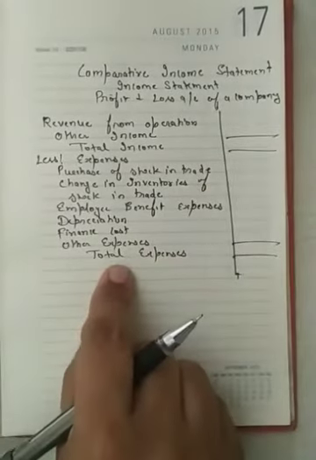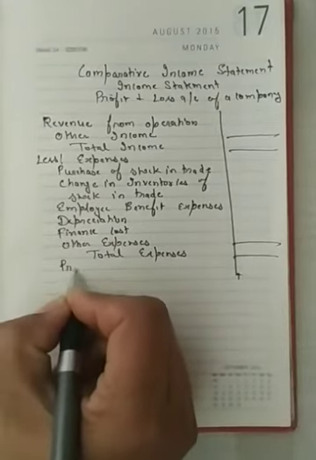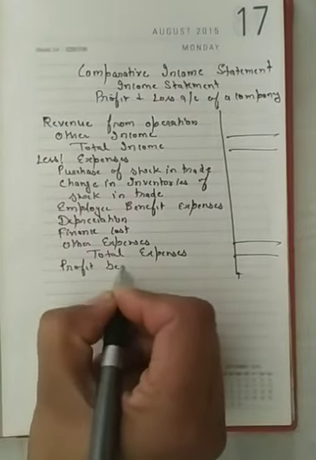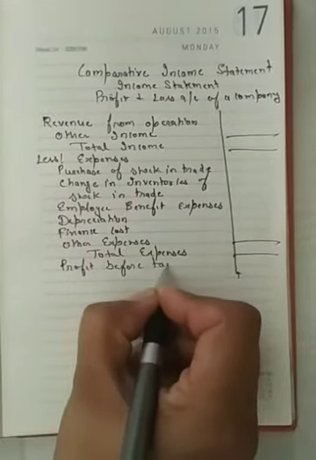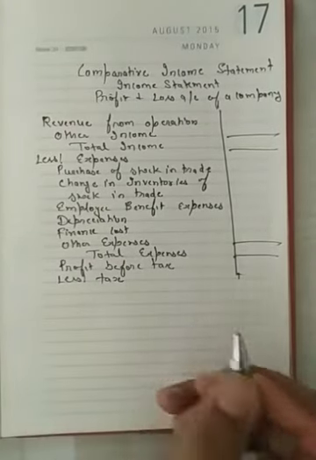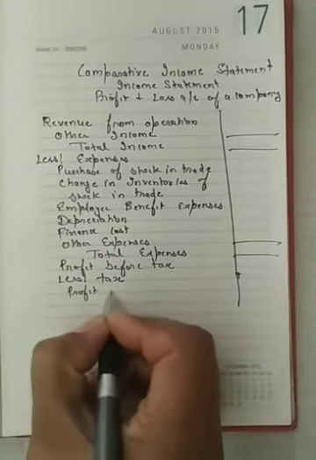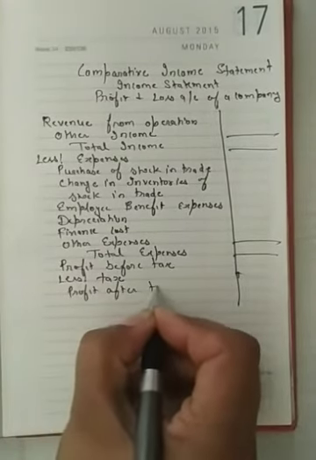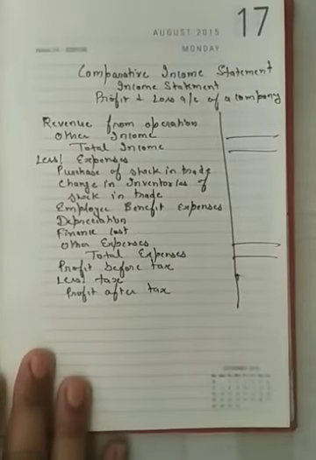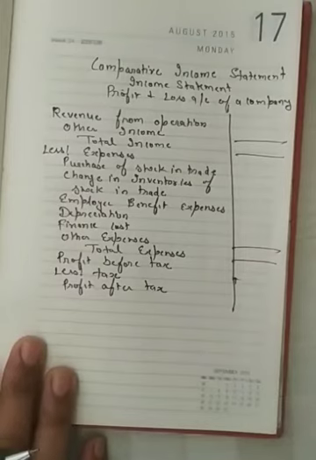Now deduct the total expenses from the total income. You will get a profit before tax. Now less tax, provision for taxes, then you will get a profit after tax. So students, I hope now you understand how to prepare the income statement of a company.